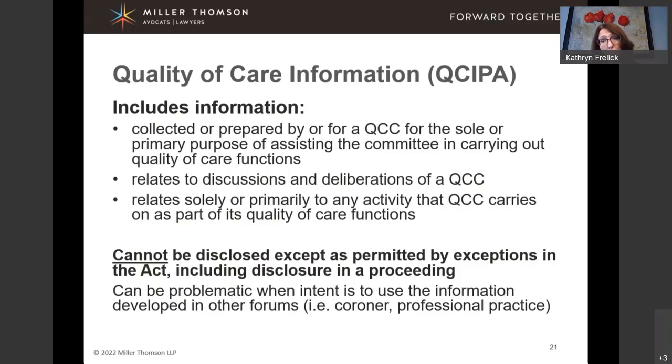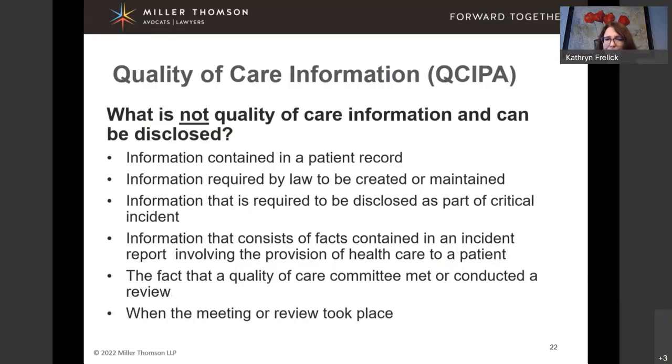There may be professional practice issues that arise, physician privileges. So there are some significant limitations to how that information can be used. And in some circumstances, it may make more sense to use solicitor and client privilege or another type of mechanism where ultimately you can waive that privilege.